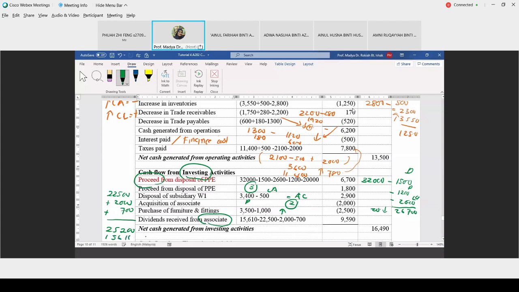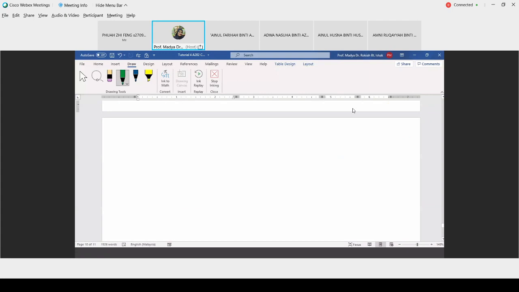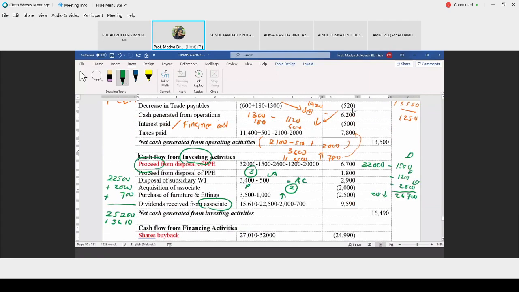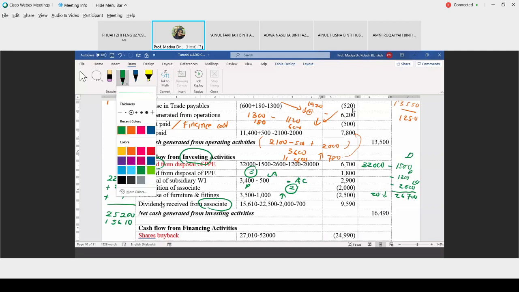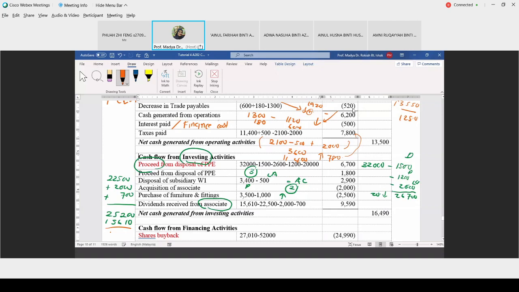You compare those two figures, and it equals 9,594. So that is what I have for the dividend received. The reduction means that you receive a dividend from associates, 594. So cash generated from investing activity is 16,494.